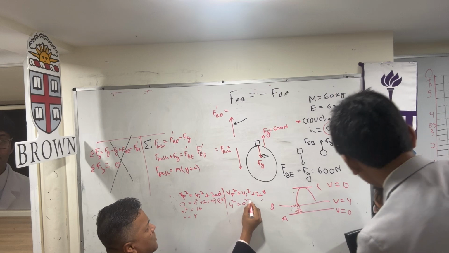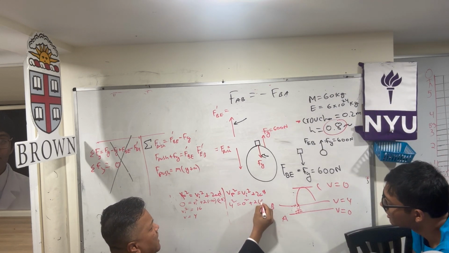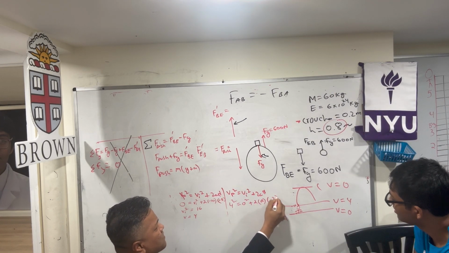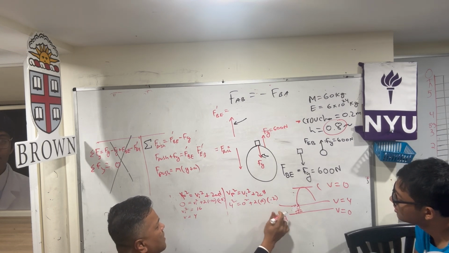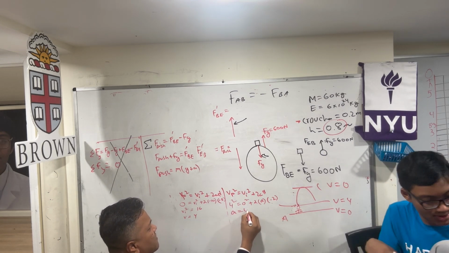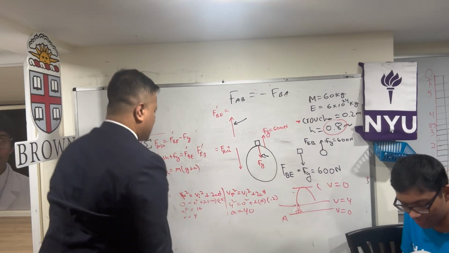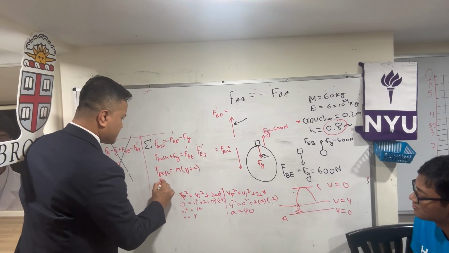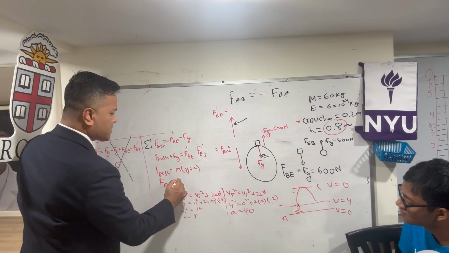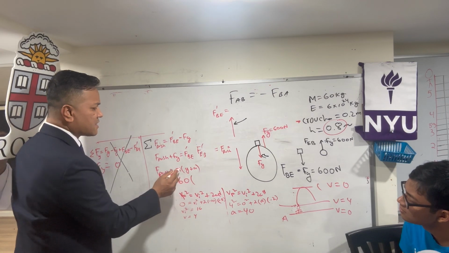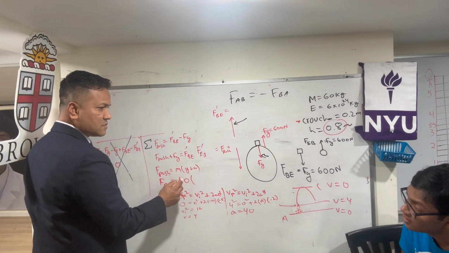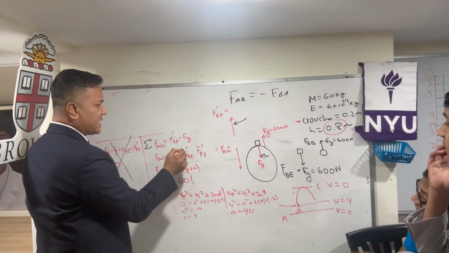Vf squared is equal to 0 plus 2ad. We don't know a, d is 0.2. So how much? A is 40. Oh, wow. So F push is m times a. M is 60. And this is 10. It's not negative 10 anymore, we negated it here.